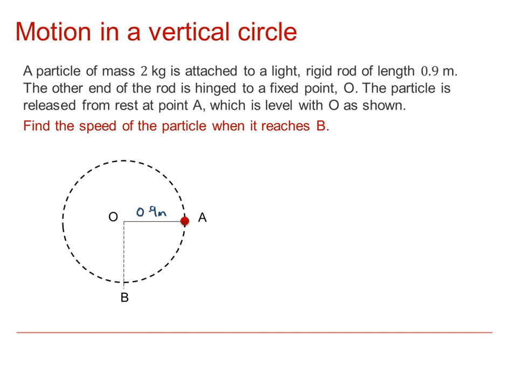The particle is then moving in the circle because the rod is attached to O, so it's hinged here, so it can drop downwards. Initially it's starting at rest, and what we want to know is what's the speed when it reaches B here at the bottom. So we want to calculate v at the bottom, given the fact that at the start it's starting from rest.